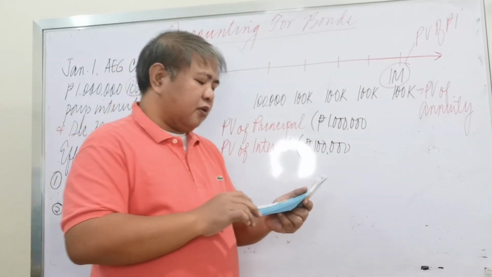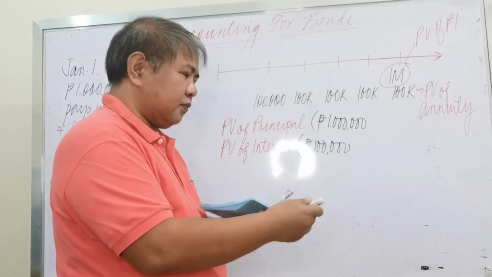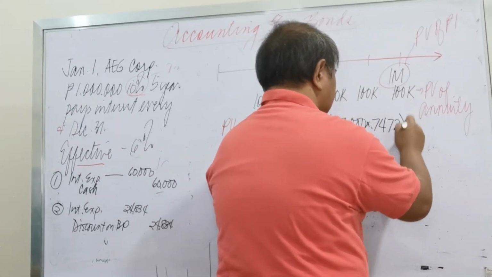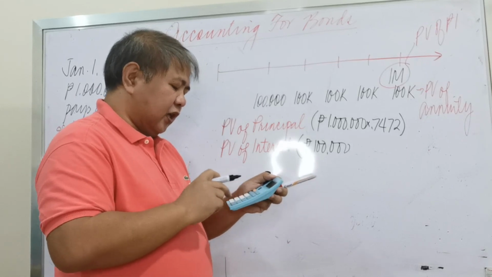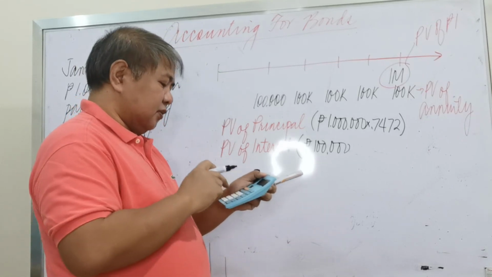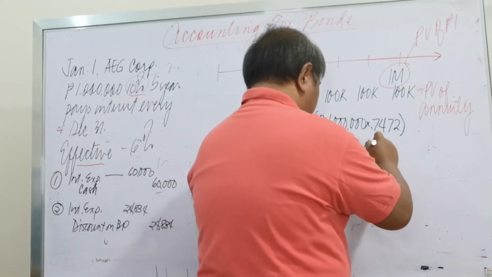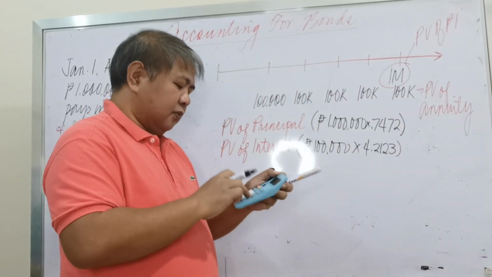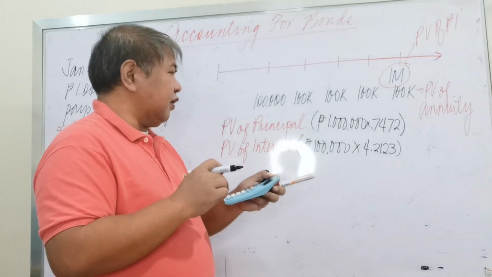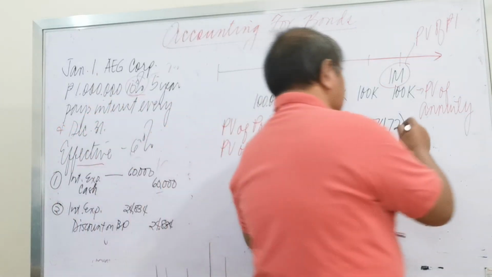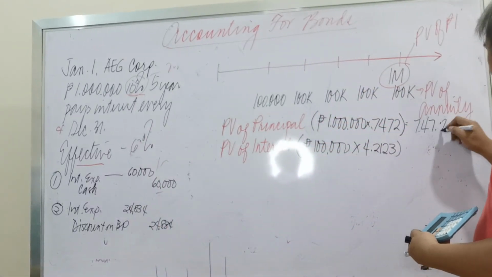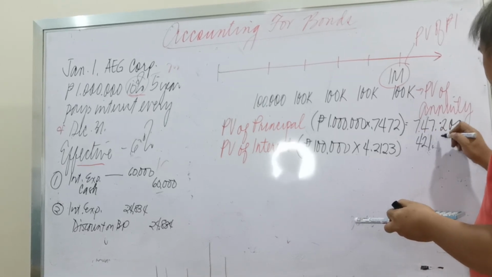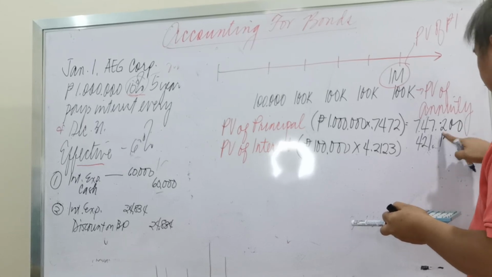So that's 1.06 to the power of 5, which gives 0.7472. And then 1 minus 0.7472, divided by 0.06, is 4.2123. So the principal is 747,200, and the interest is 100,000 times 4.2123, which is 421,230.